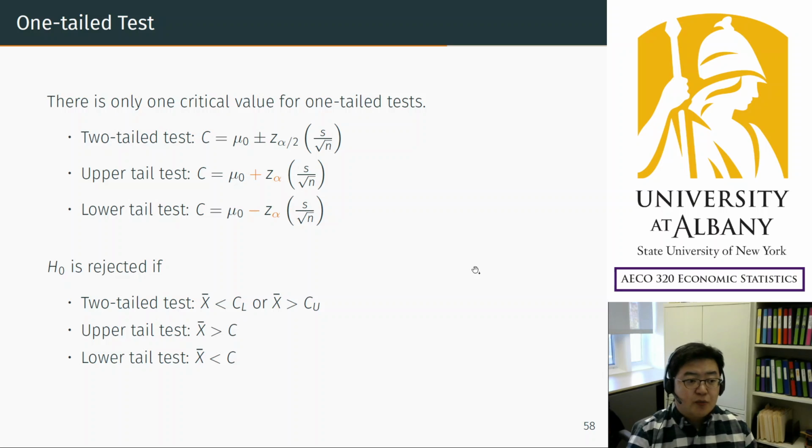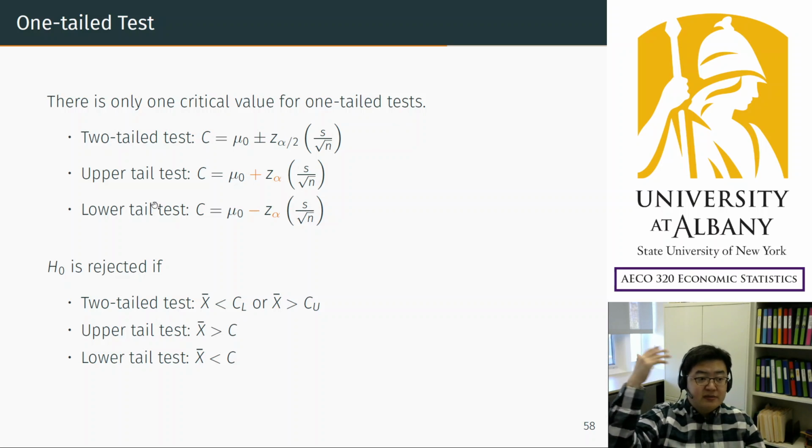Now, critical value. Two-tail test critical value was calculated this way. Center is the same. Everything starts from the hypothesis. But in two-tail test, a margin of error is allowed on plus and minus sides. Plus margin of error, minus margin of error. But in one-tail test, margin of error is put only on one side. Like upper tail test, you're rejecting only on the upside.